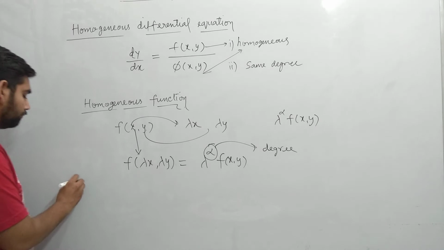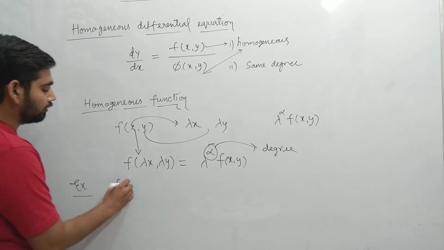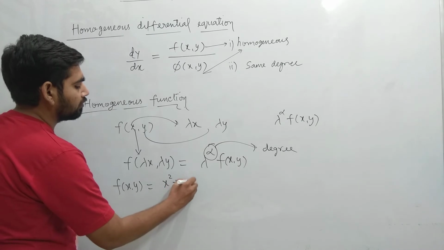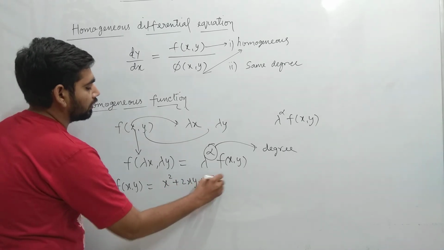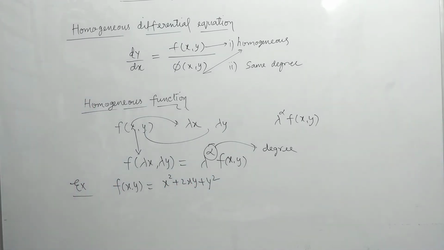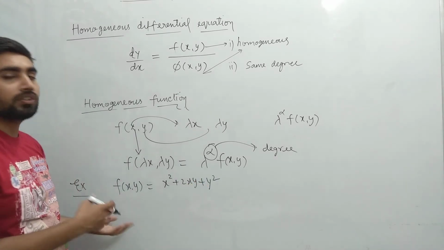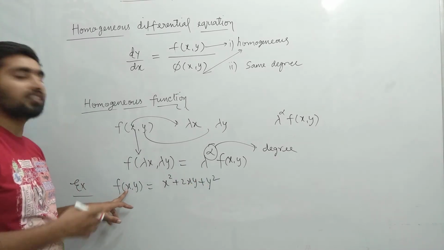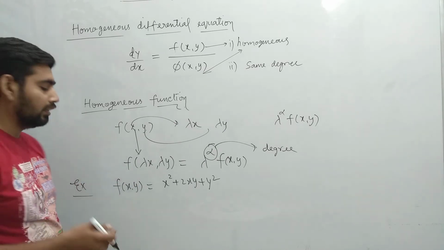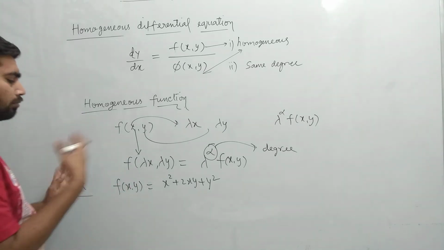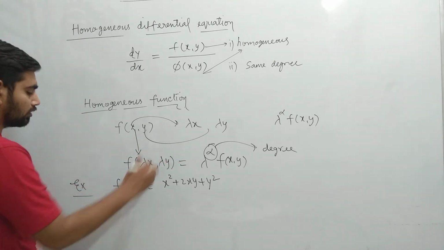For example, if I take a very simple example, x square plus 2xy plus y square. Suppose f(x, y) equals x square plus 2xy plus y square. Is it homogeneous or not? I will replace x with lambda x, y with lambda y, and solve it to separate some power of lambda from the terms containing these variables.